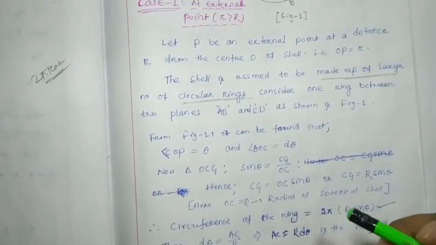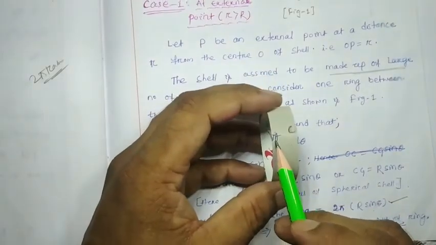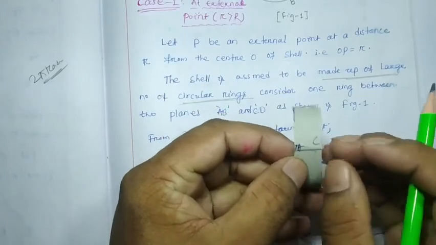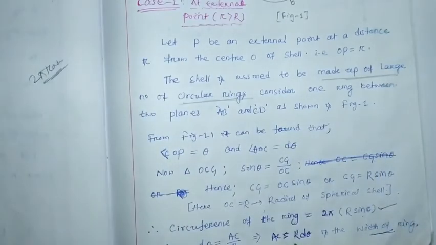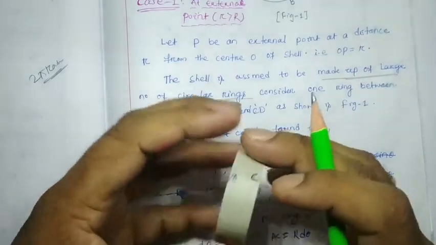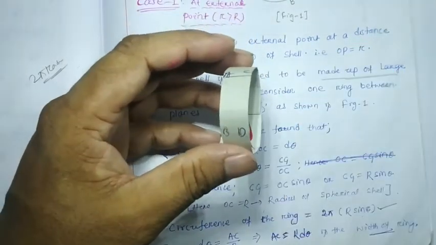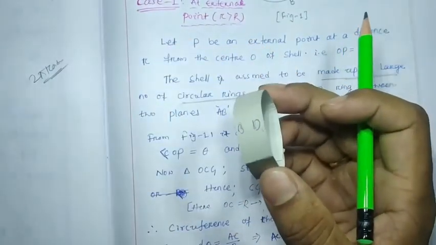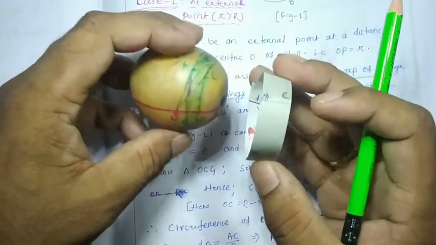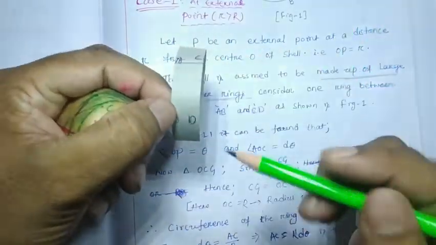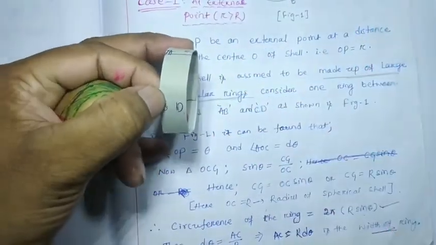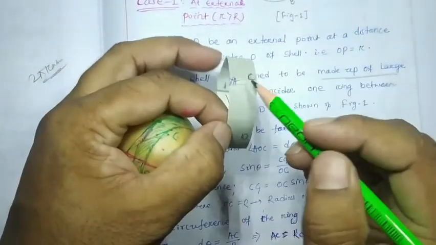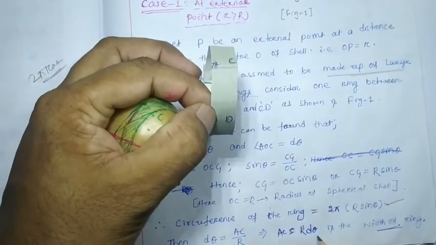Got my point? So here from A to C is nothing but your thickness. It will be r d theta. So for this ring, whatever we have sliced from this hollow sphere, we found the circumference is 2 pi r sin theta and the thickness is r d theta.